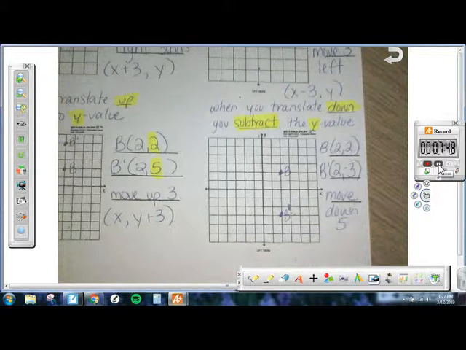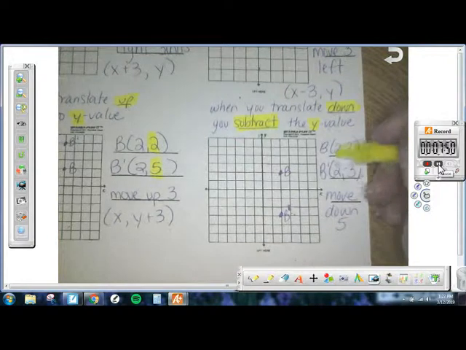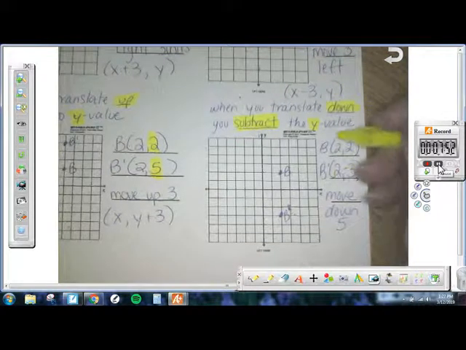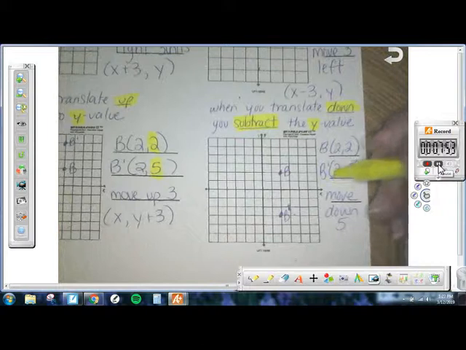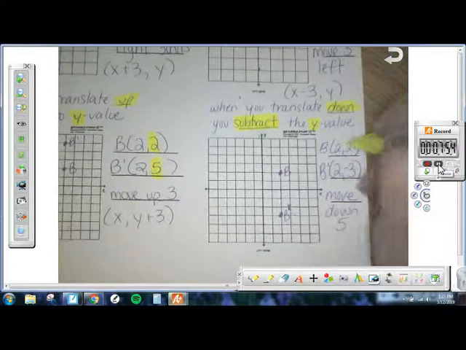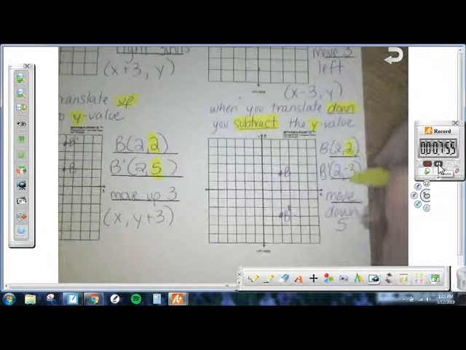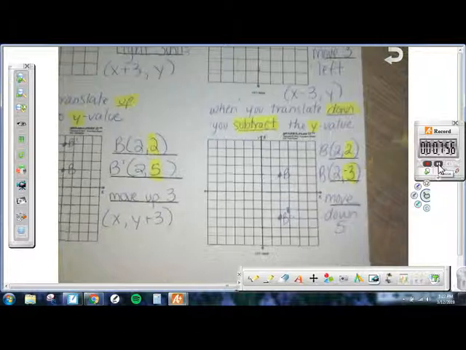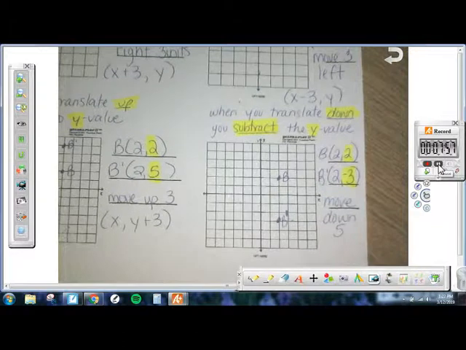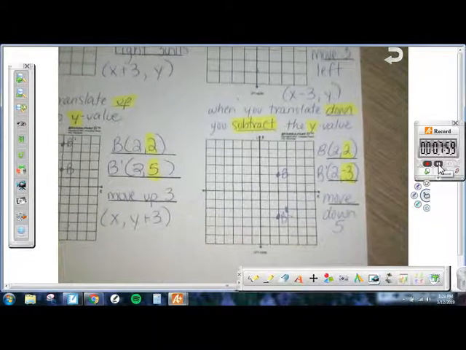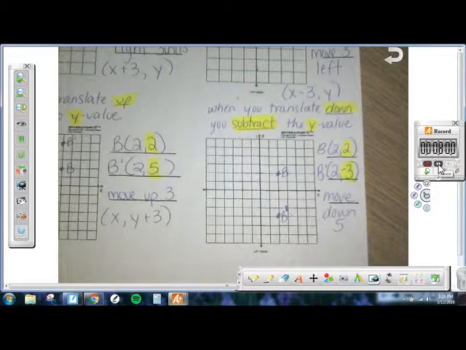So now we're doing two things. Every point has to move to the right 3, and then it has to move up 8. Then you can make your final point, which is D prime right here. So I took my original D, I went to the right 3, and I went up 8. Then I'm going to record that as point negative 4, 0.